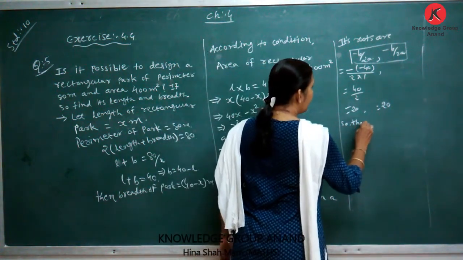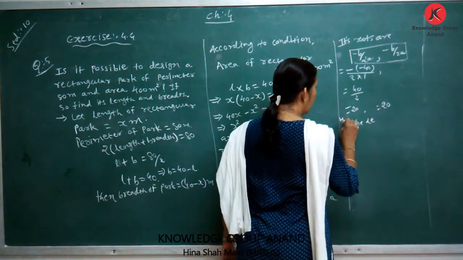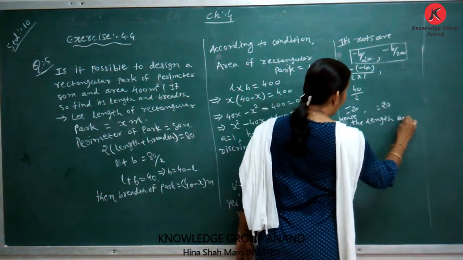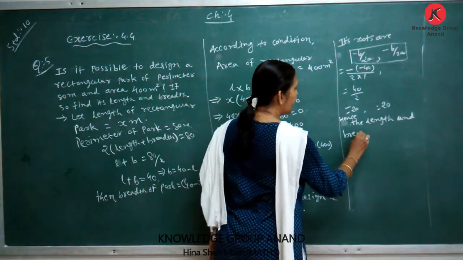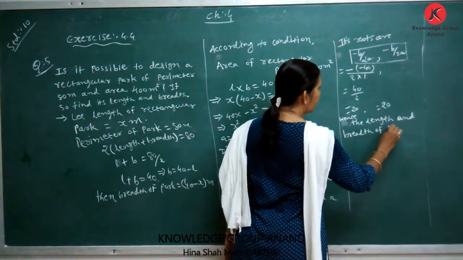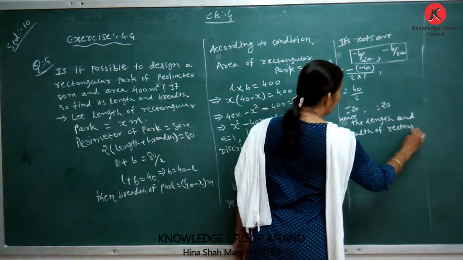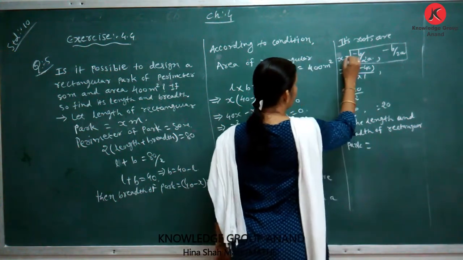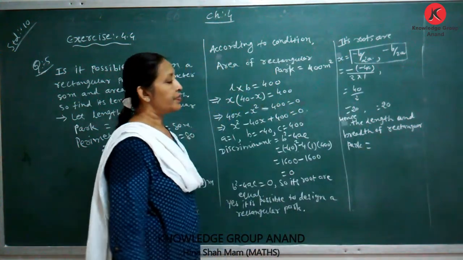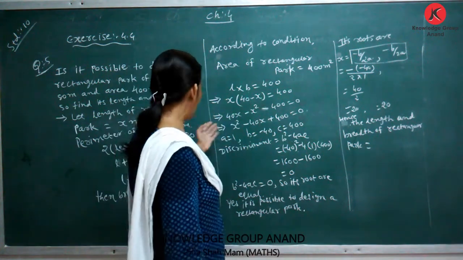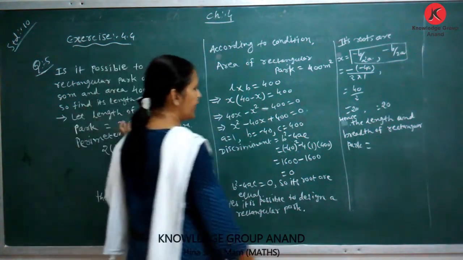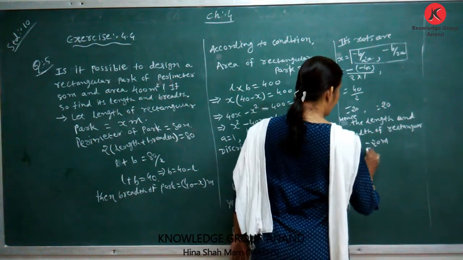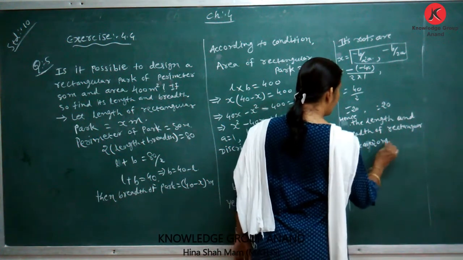So, hence the length and breadth of rectangular path is equal to, length is equal to x is equal to 20 meter, and breadth is equal to 40 minus 20, is equal to also 20 meter.